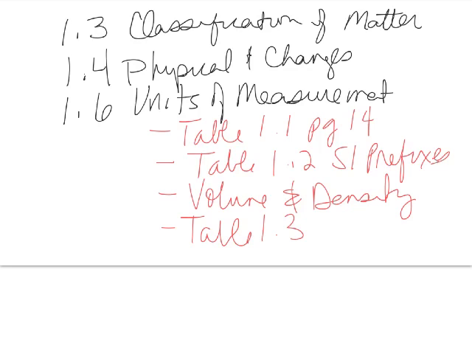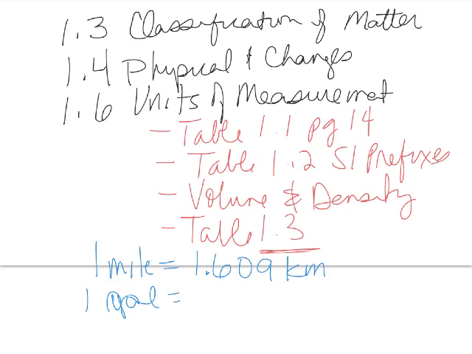Definitely know table 1.3, the unit conversions that are in your exam information. So I think you have to know 1 mile equals 1.609 kilometers, and double check this. 1 gallon equals 3.8 liters. 1 inch equals 2.54 centimeters.